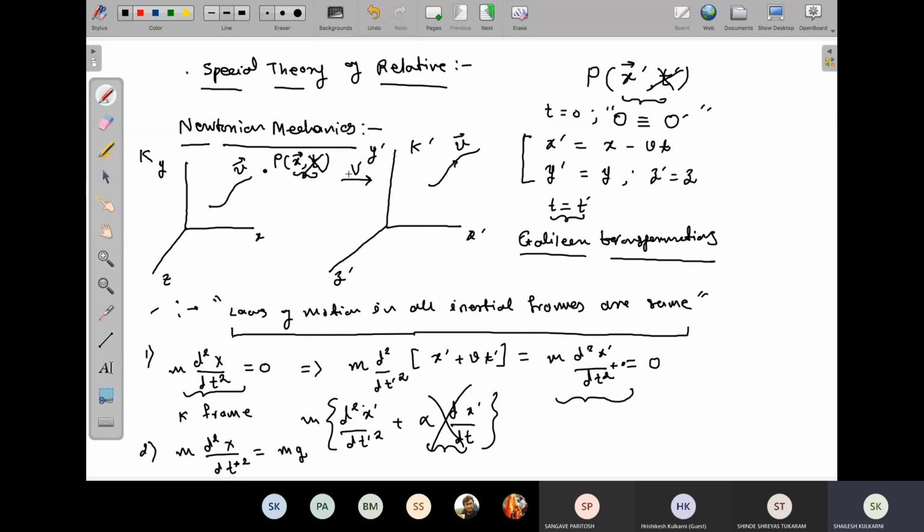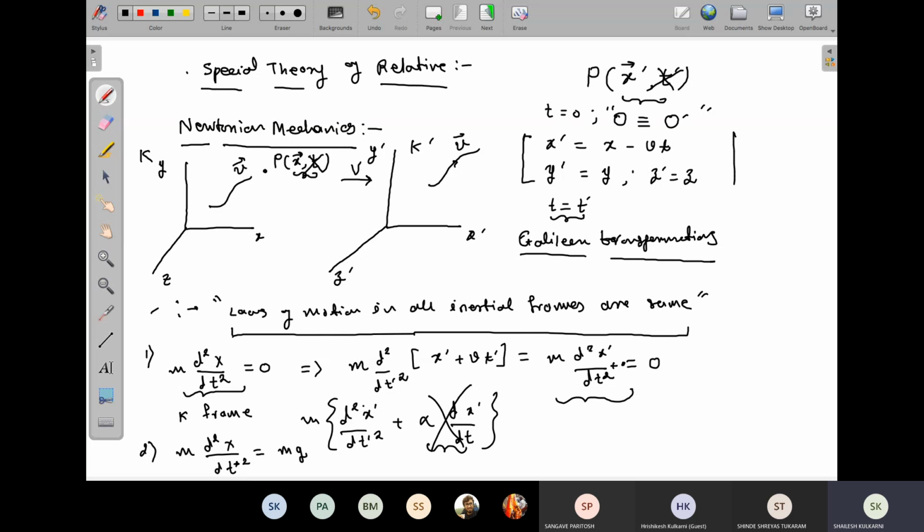Obviously the observer in this frame will see the x component of this u added with v, and y and z components will remain unchanged, correct?